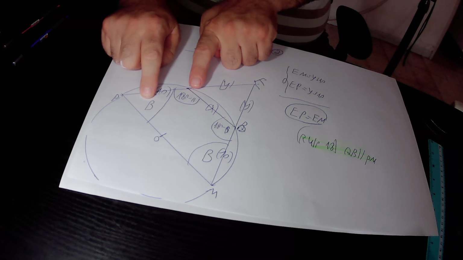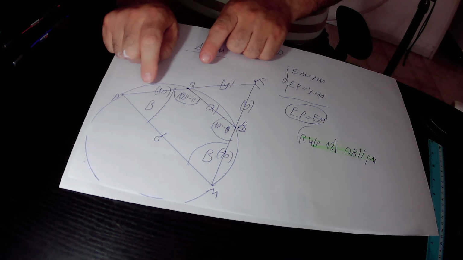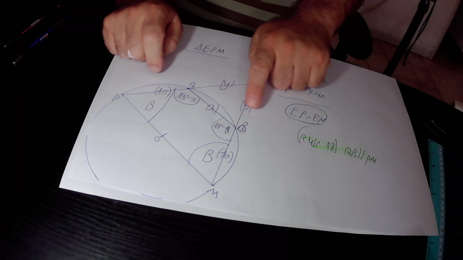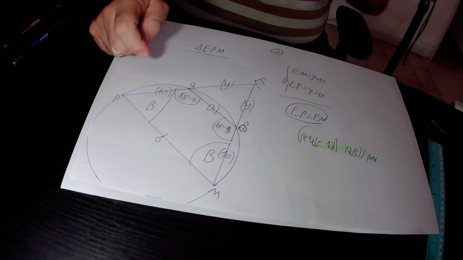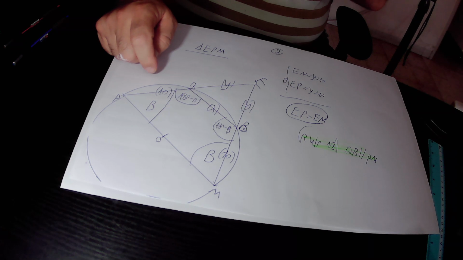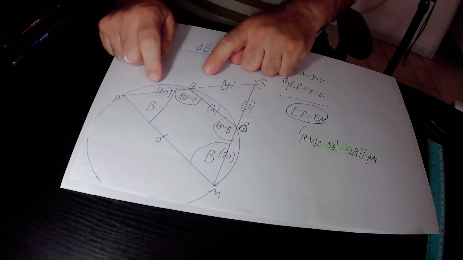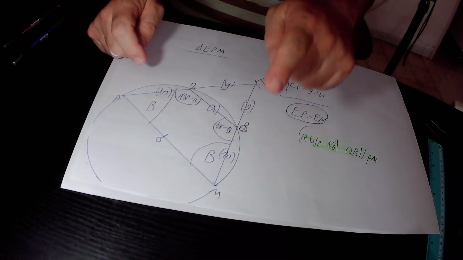And according to rule 18, if the sum of two one-sided angles is equal to 180 degrees, then they are located between parallel lines. Those two one-sided angles are located between line segment QB and line segment PM. And according to rule 18, they must be located between two parallel lines. Therefore, QB must be parallel to PM according to rule 18.